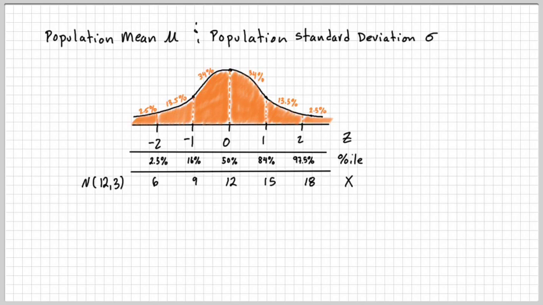Values that are 15 are 1 standard deviation above the mean, which is right here. Yes, you can have values that are half of a standard deviation, which would be around here somewhere, half between 12 and 15, which would be 1.5, which would be what? 13.5, right?